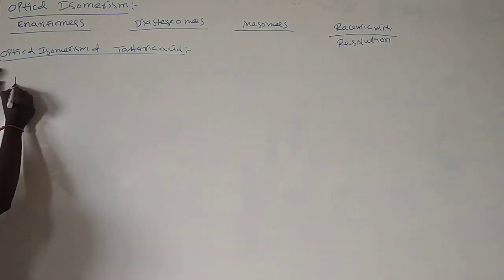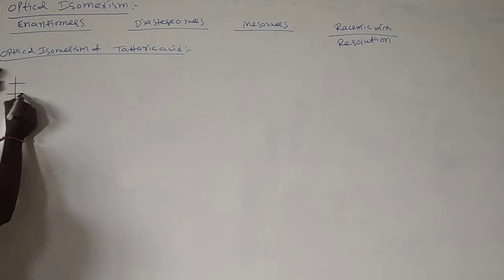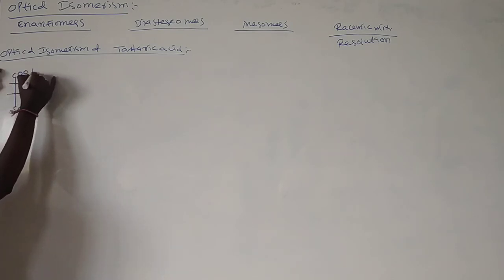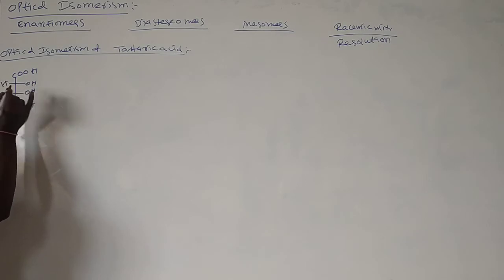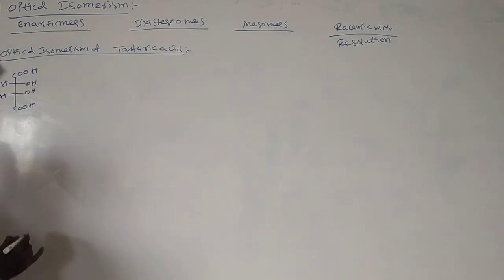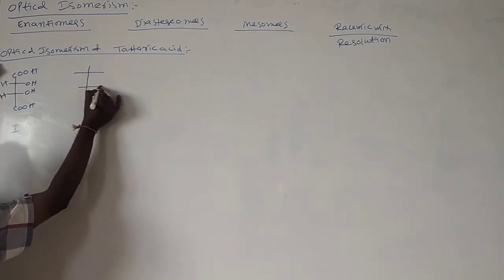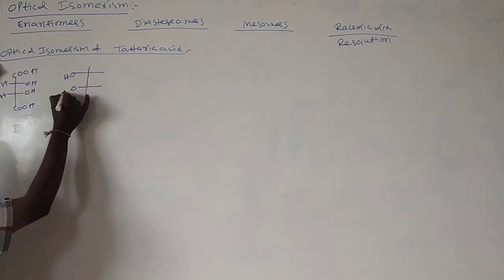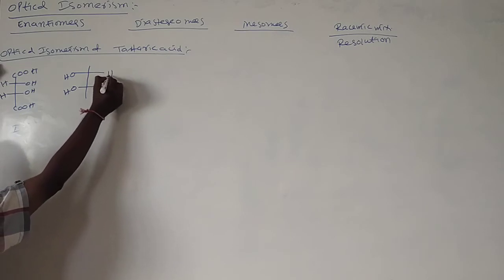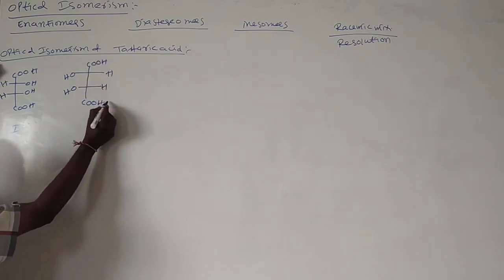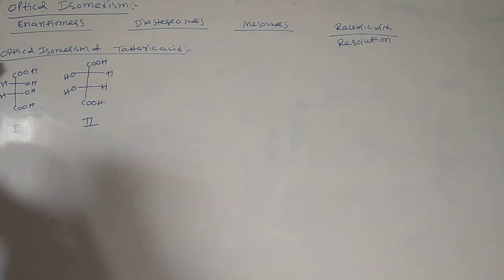I am writing the structures of tartaric acid: OH, here COOH, here COOH, here H, here H. This is one structure of tartaric acid. Here OH, here OH, here H, COOH, COOH. This is the second structure of tartaric acid.